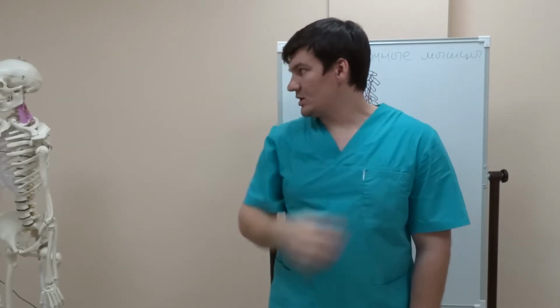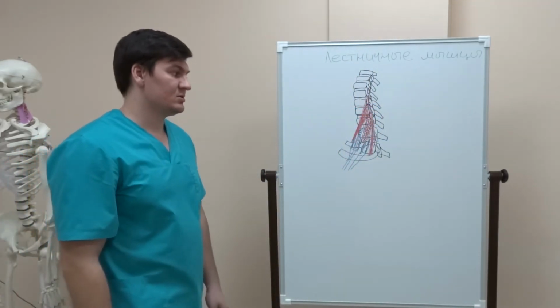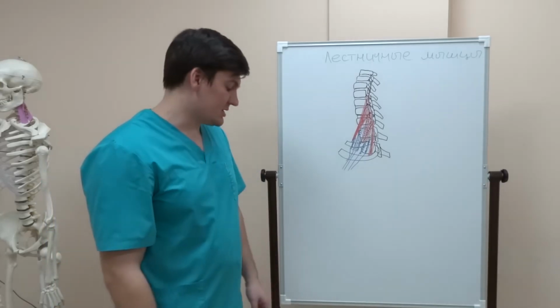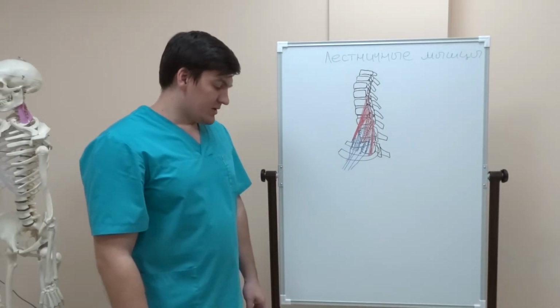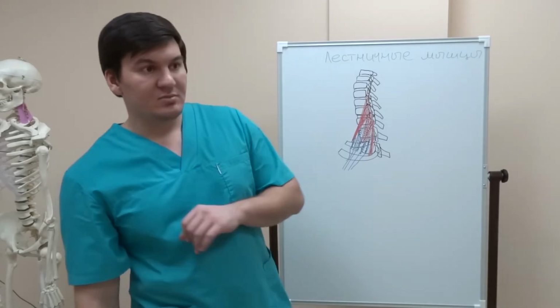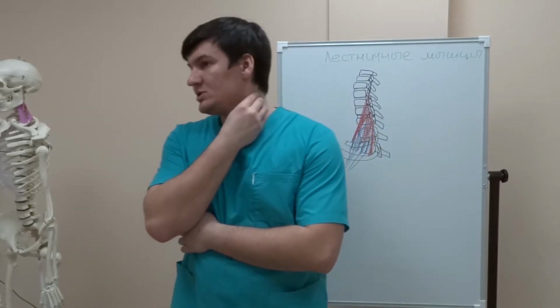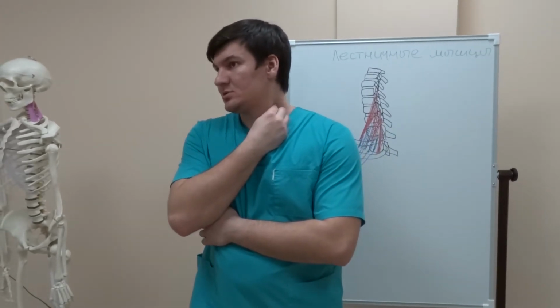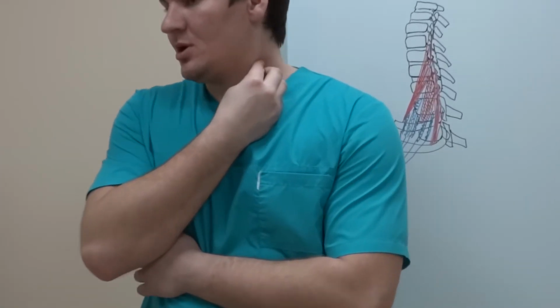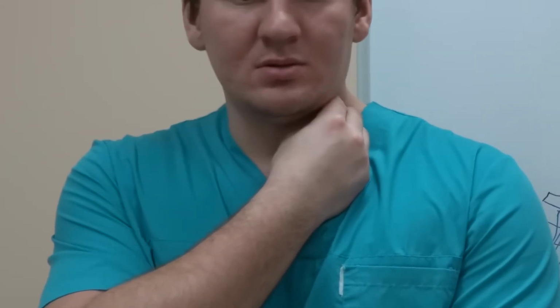You find the front scalene muscle. Let's start with it. Put four fingers on it and turn your head towards your elbow, looking at your elbow with your nose.